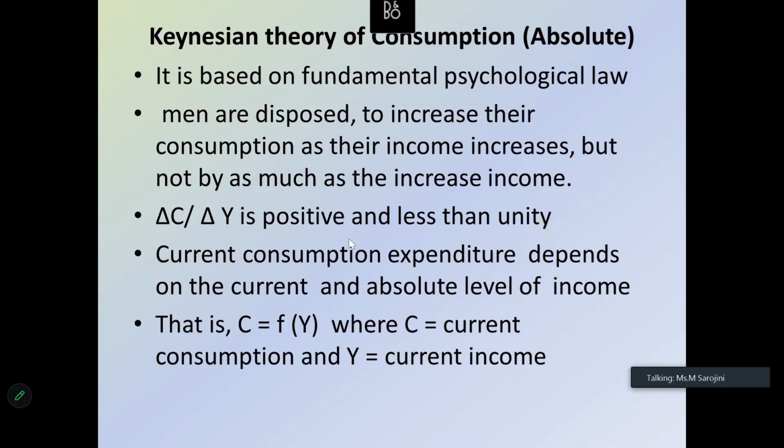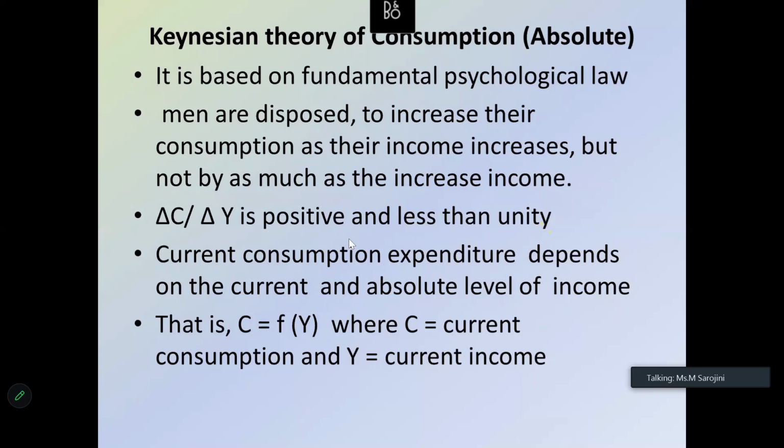This theory is based on the fundamental psychological law. What is the fundamental psychological law? It explains that men are disposed to increase their consumption as their income increases. That means once the income increases, consumption also increases.